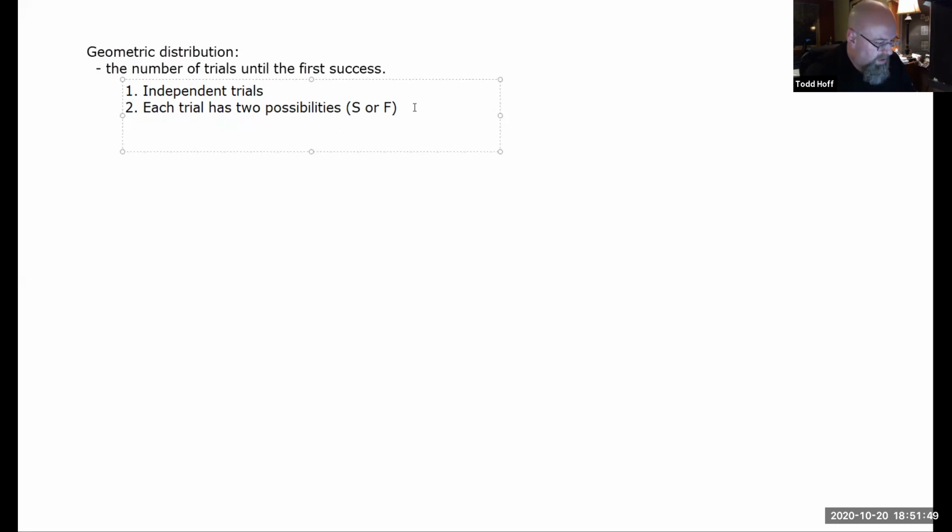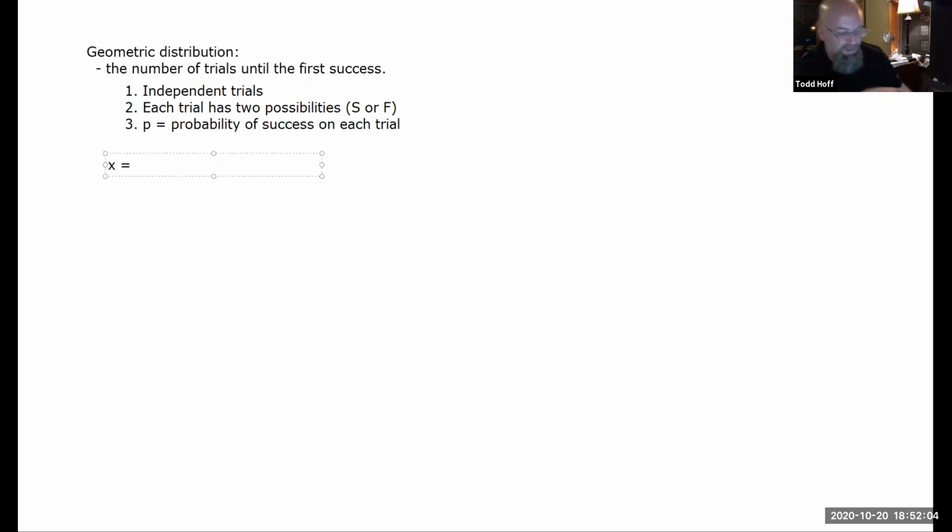And of course, P equals the probability of success on each trial. So X now is not the number of successes out of a set number of trials, because there is no set number of trials anymore. X is the number of trials until the first success.